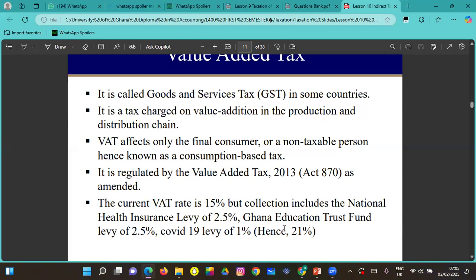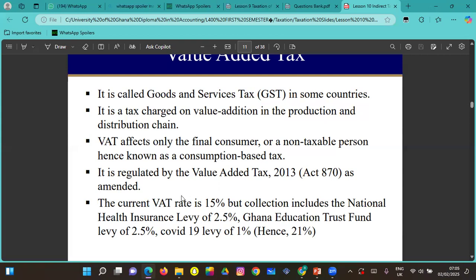But our TA told us that for the purpose of exams, as of now, we should be using the old tax rate, which was 12.5%. That's what he told us, and I'll confirm again before I come into the tutorial session on this. So for the purpose of exams, we should be using the 12.5% VAT rate.